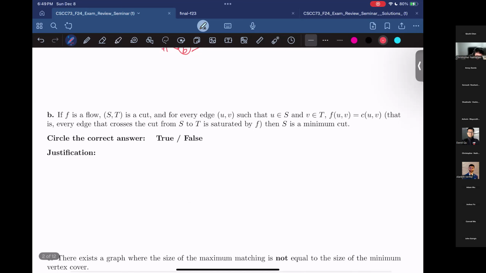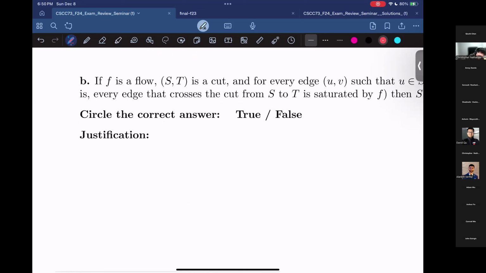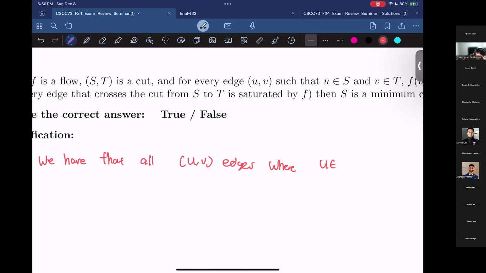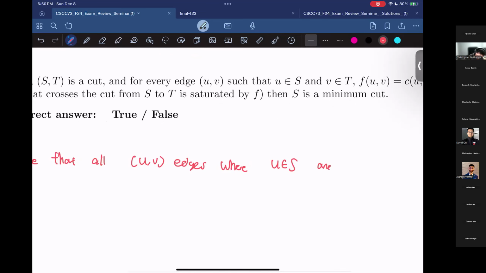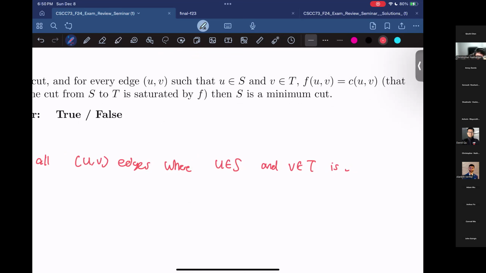So we have that all UV edges where U is in S and V in T are saturated.